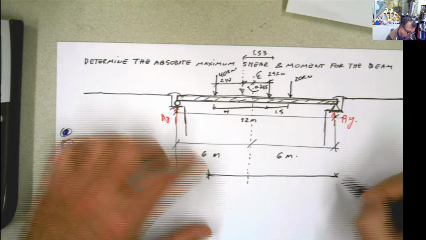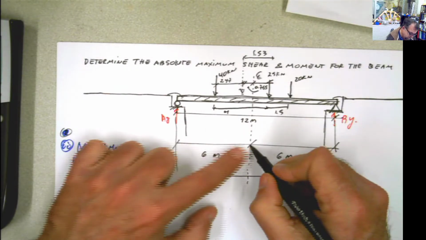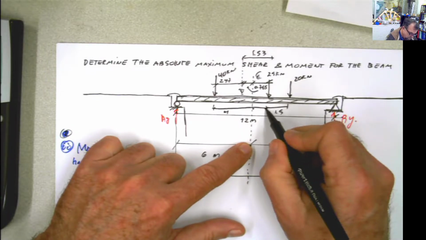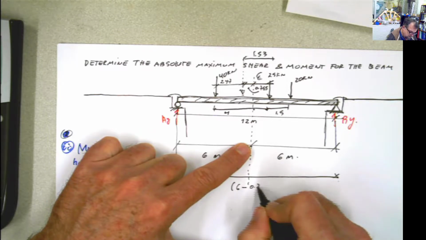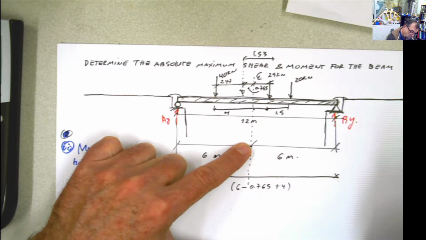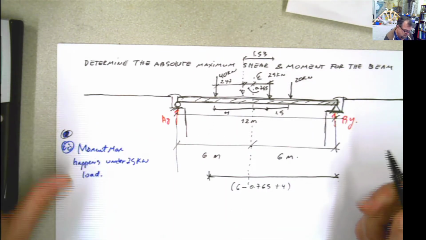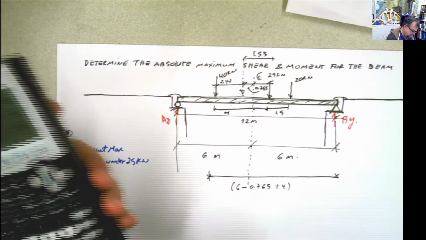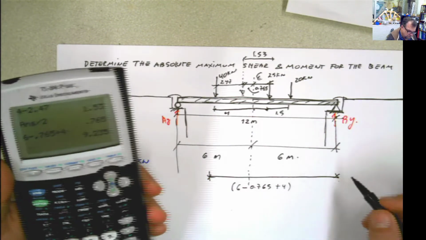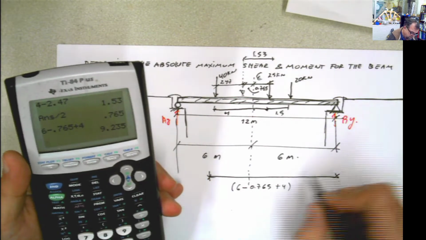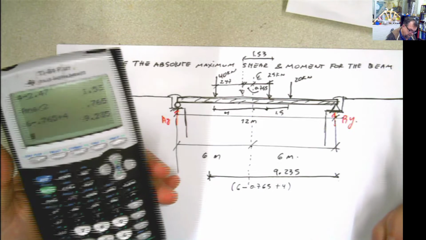That distance is going to be 6 minus 0.765 plus 4, or 6 plus 0.765 plus 2.47, which is the same thing. And that is 9.235. I need that because we're going to calculate the reactions.